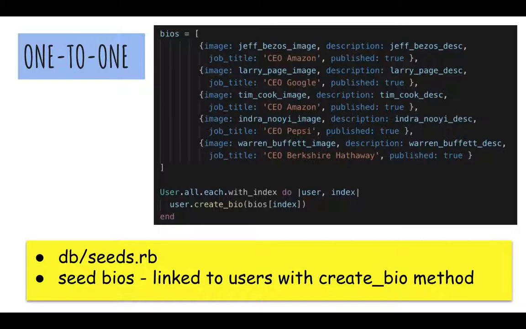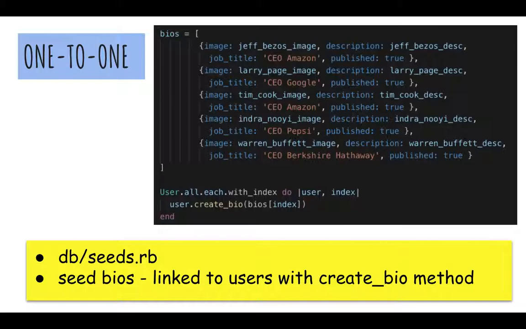Now here, this is a bit more interesting. We've got our bios, which we've created an array of objects, and we do an each block over all our users and use an index to create bio.